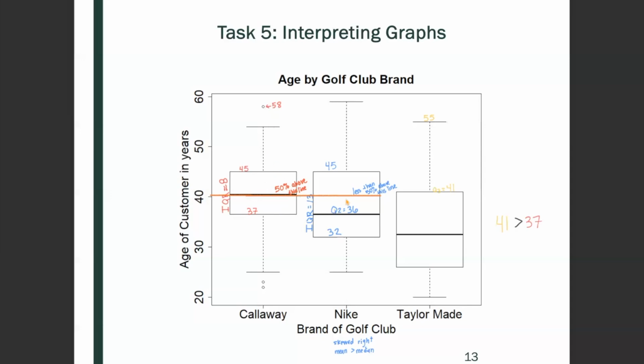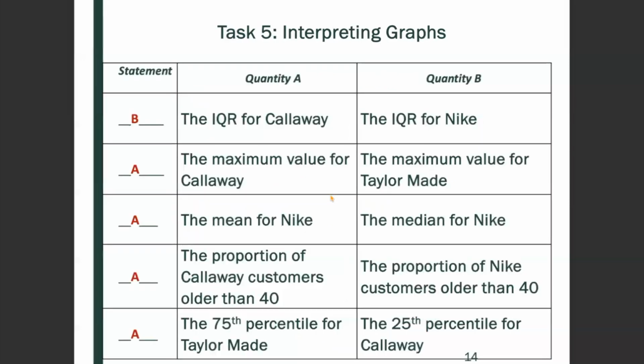And for Nike, the median is actually below this line, so less than 50% of the data is above this line. That would mean that quantity A is larger, which is the proportion of Callaway customers older than 40. Here it's around 50%, and this value is less than 50%.